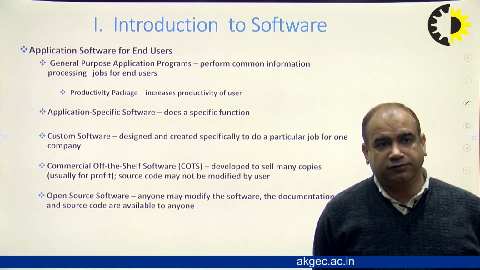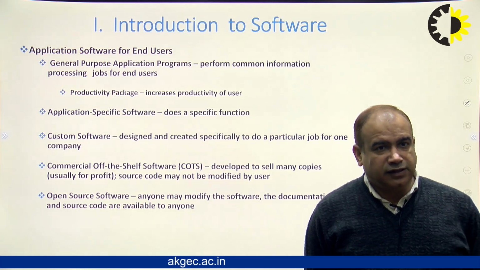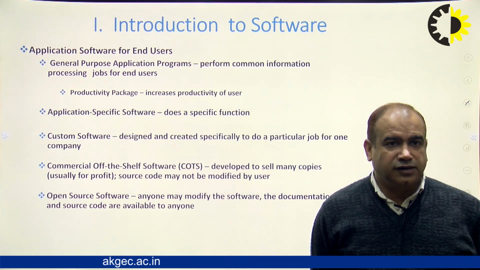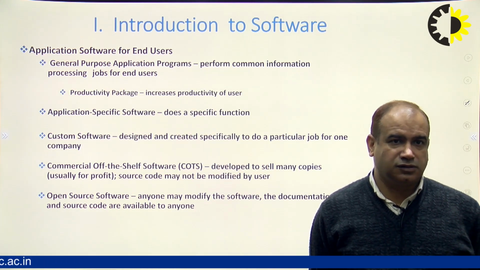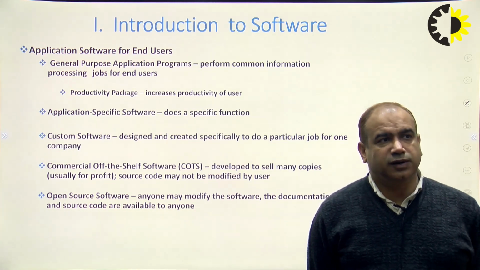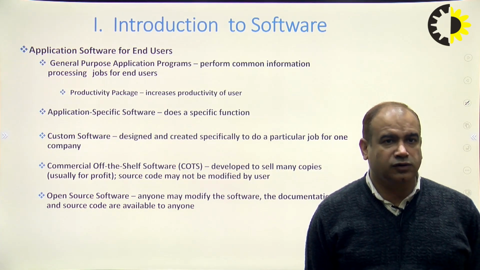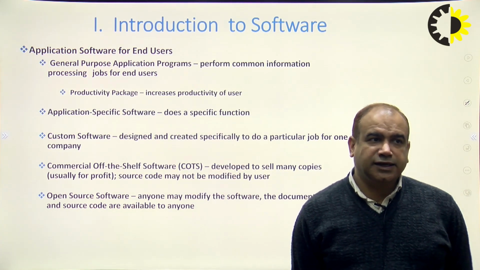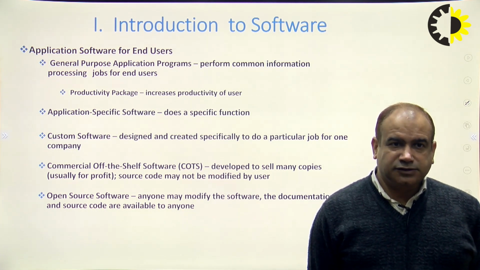Second is the productivity package, which increases the productivity of the user. By using a spreadsheet or Excel, we can calculate, draw a chart, make a report, or do any other task related to reporting to the manager. Third is application specific software that does a specific function.